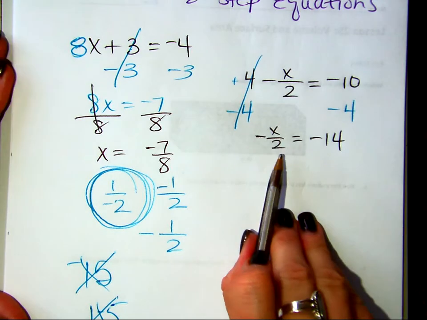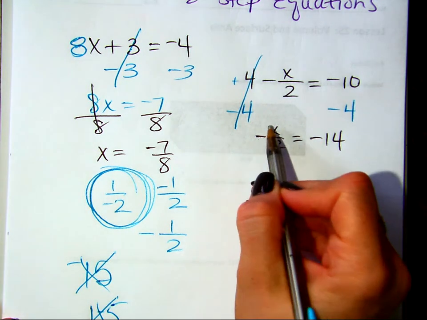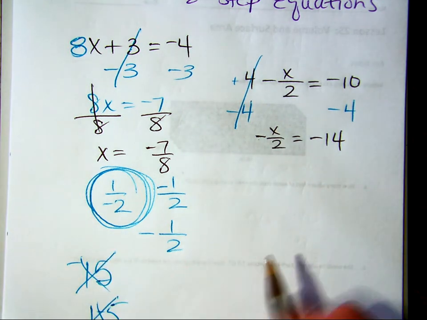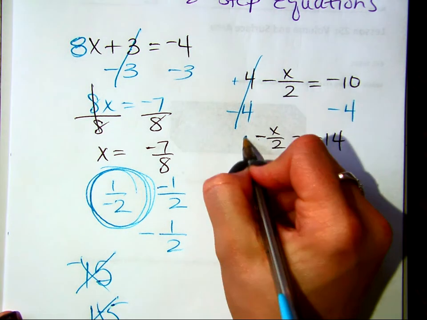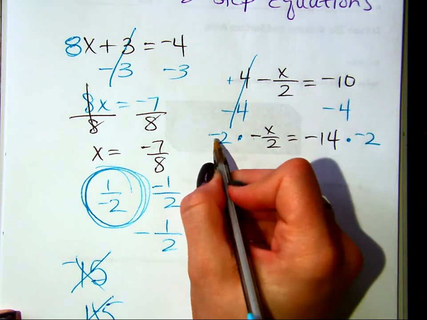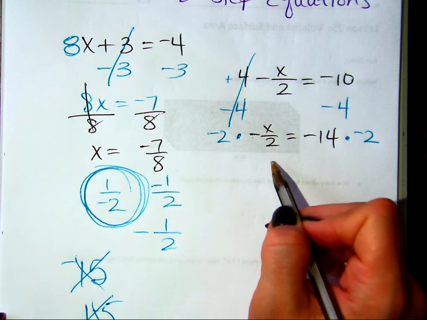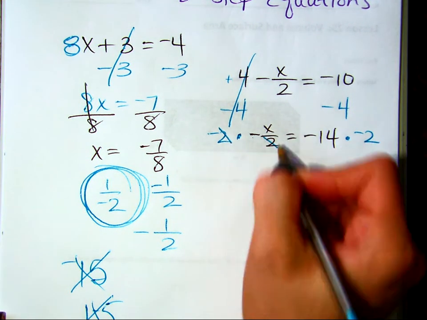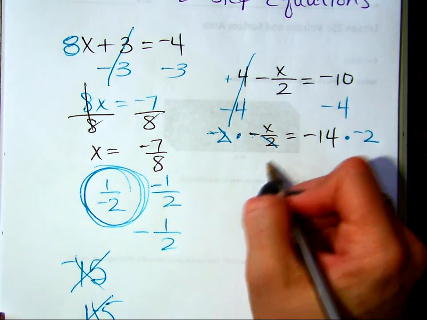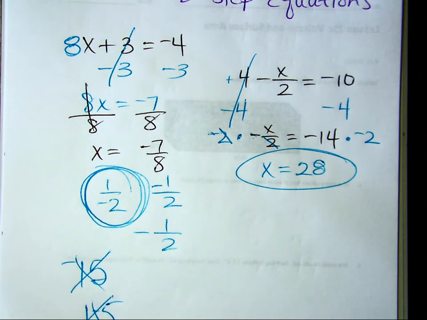So now when I look up here, and I have to decide what to multiply both sides by, let's say that the negative was even with the x. Don't I want that negative gone? So what should I multiply by if I want it gone? The negative 2. If there is a negative anywhere, you want it gone. So cancel the 2's and cancel the negatives, and x is equal to positive 28. Okay?